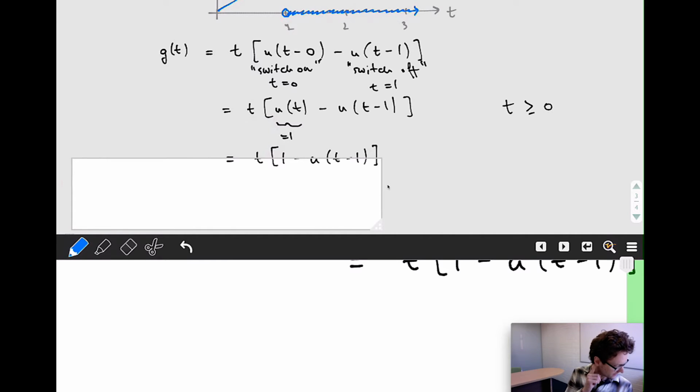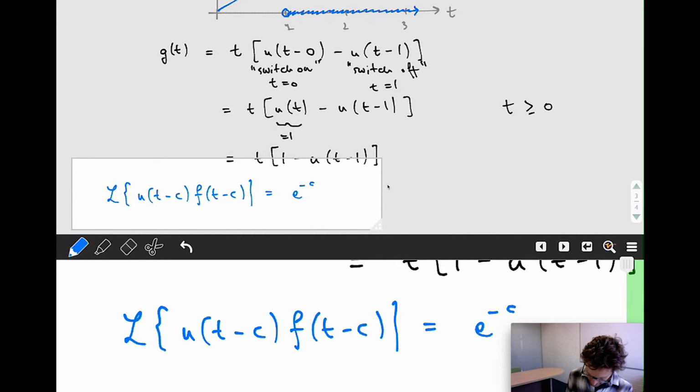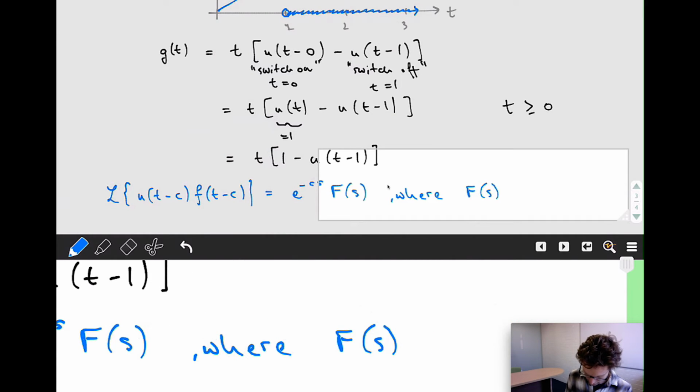And that formula is given by the Laplace transform of u(t minus c) f(t minus c) is equal to e to the minus cs times big F(s), where of course big F(s) is the Laplace transform of little f(t).